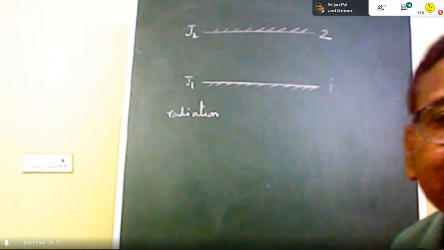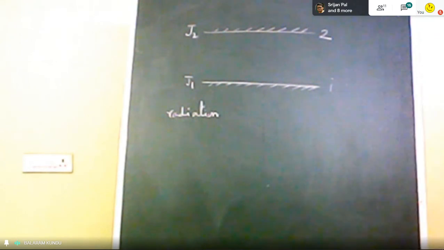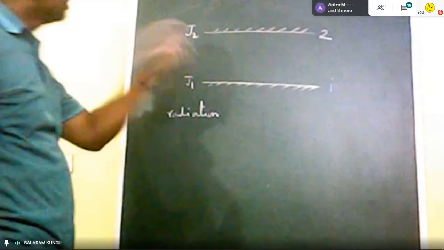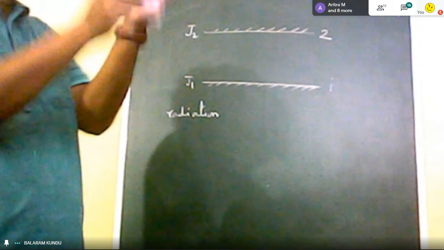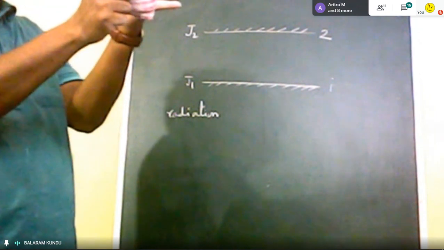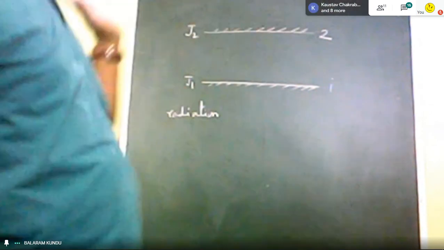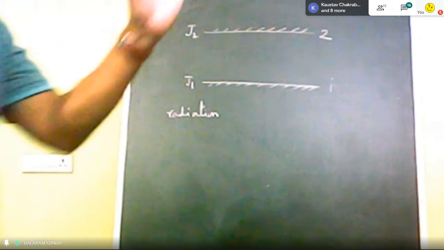What will be the mathematical expression for that, and how can we determine it? Using this concept, think of the physical meaning of radiosity. From the physical meaning of radiosity and view factor, it is possible to express the radiation heat exchange from surface 1 to surface 2.